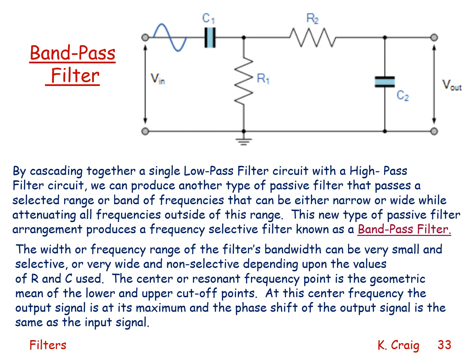The center, or resonant frequency point, is the geometric mean of the lower and upper cutoff points. At this center frequency, the output signal is at its maximum, and the phase shift of the output signal is the same as the input signal.